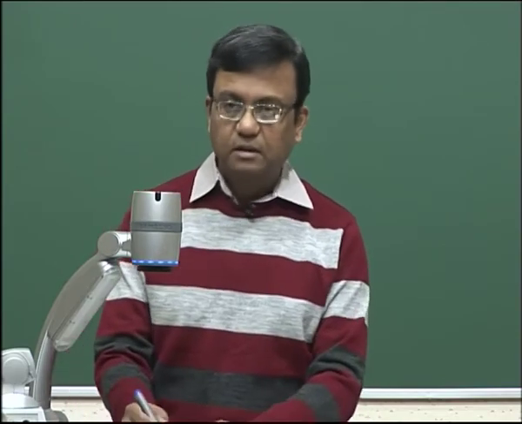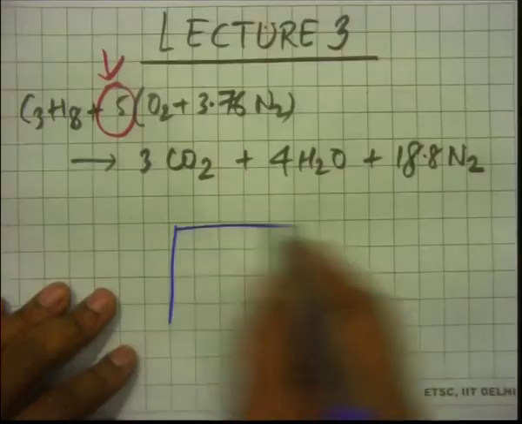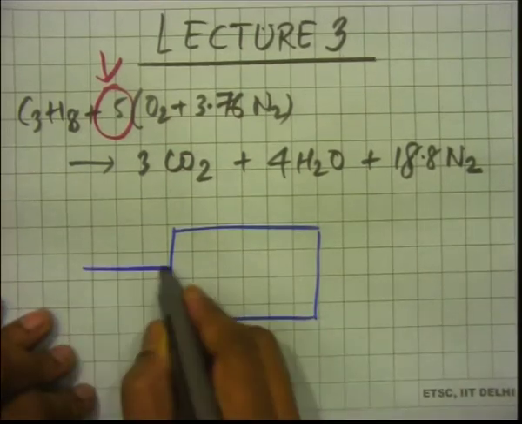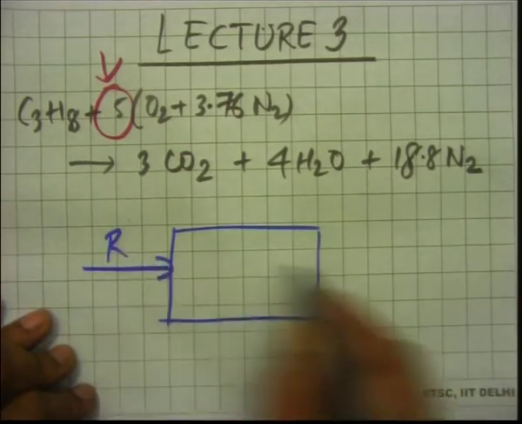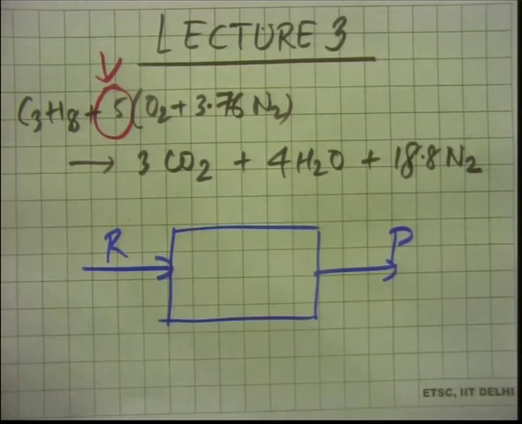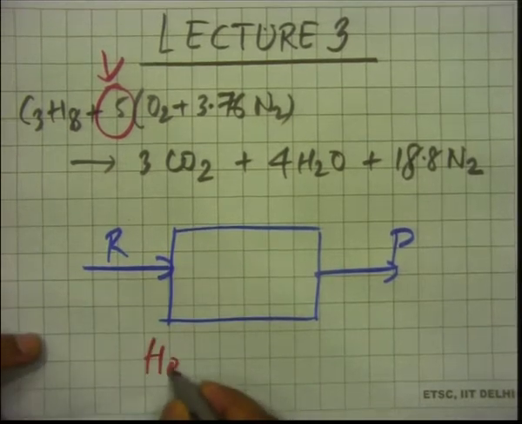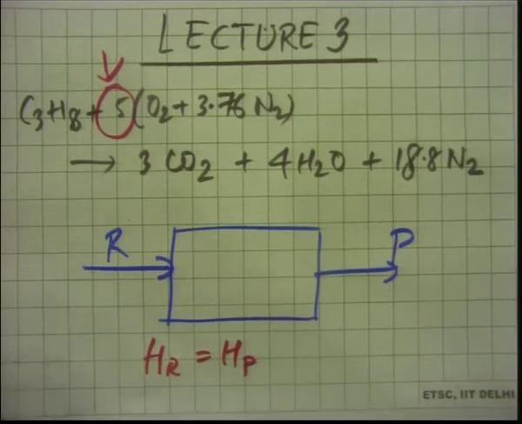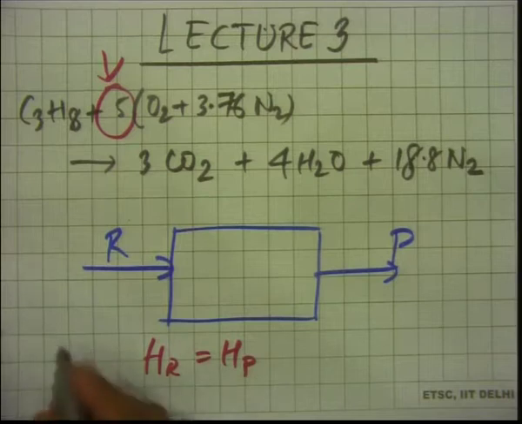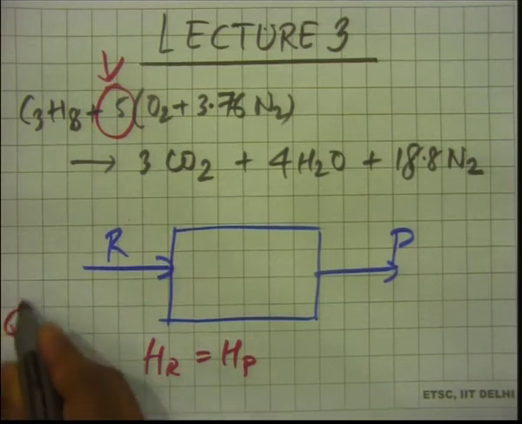Last time we had the steady flow reactor with reactants coming in and products going out, and we wrote HR equal to HP. Where did this come from? First law.